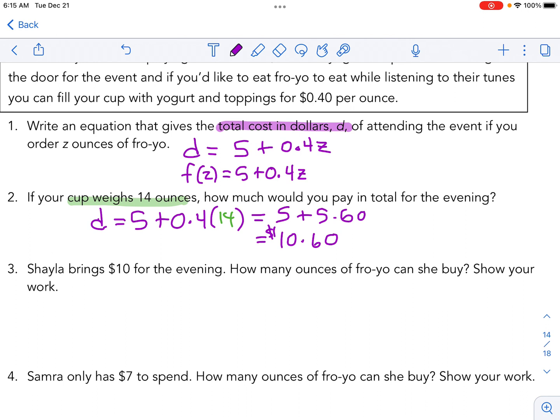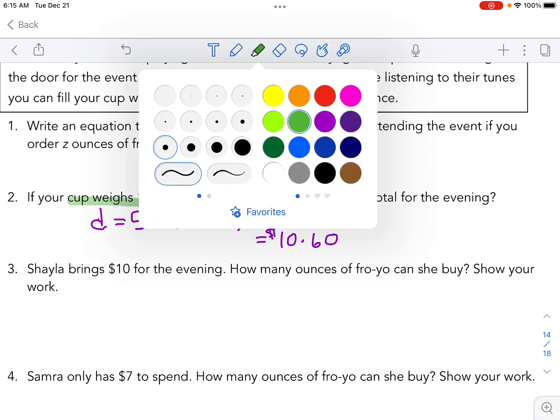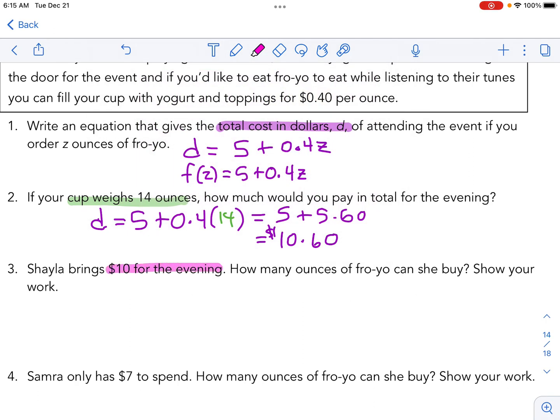And then we've also done this, where we say, okay, let's use the same function in a different way. So now we're saying, hey, I only have $10 for the evening, and I want to go to this event. How much yogurt can I buy?